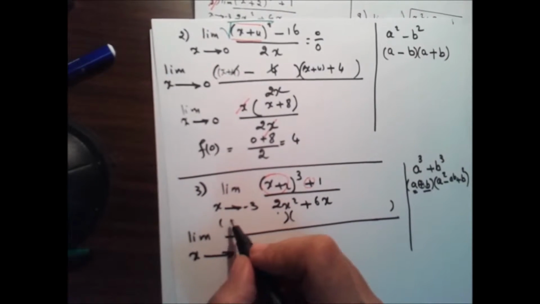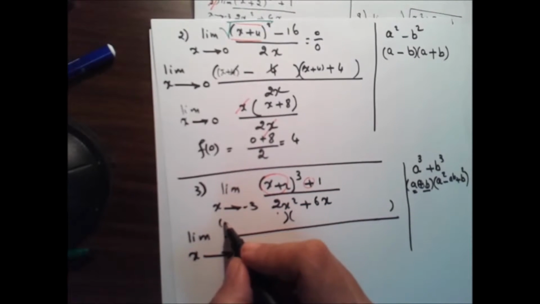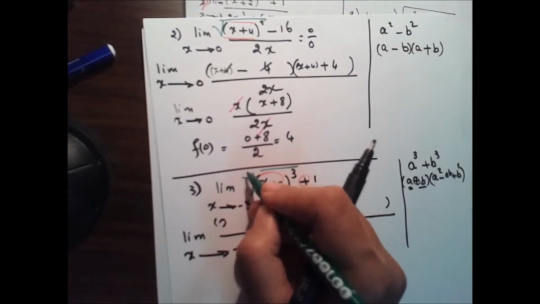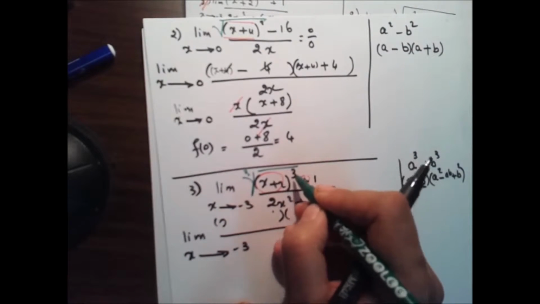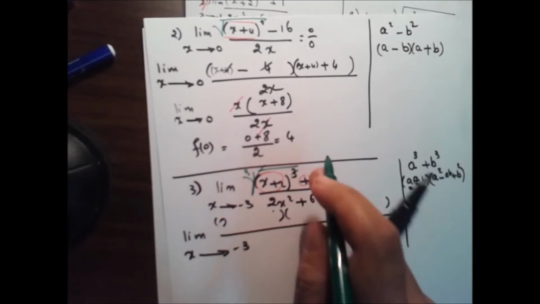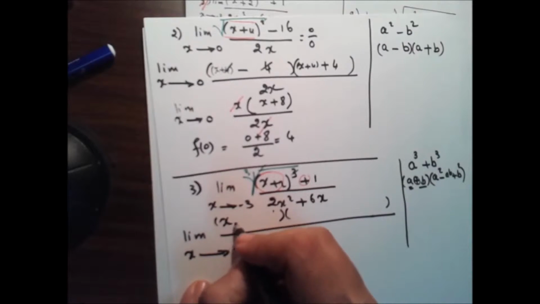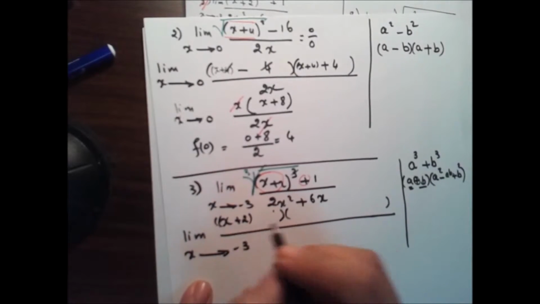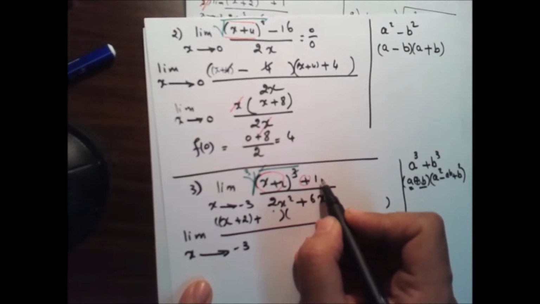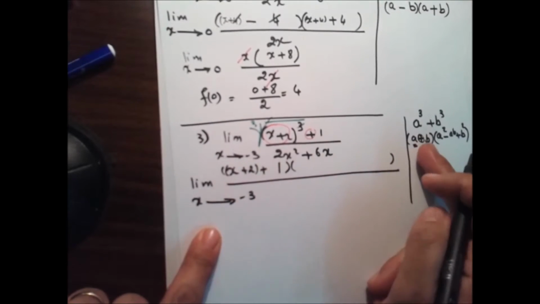For the first term, take the cubic root of (x plus 2) all to the power 3. The cubic root cancels the power 3, so we have x plus 2. Keep the bracket and keep the sign as it is, plus, take the cubic root of 1, which is 1. This is the smaller bracket.